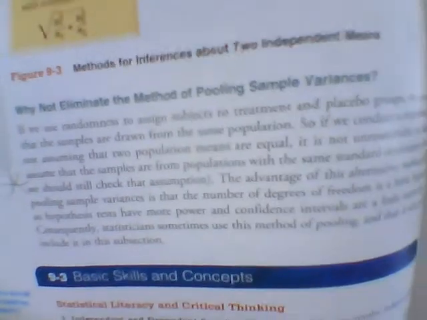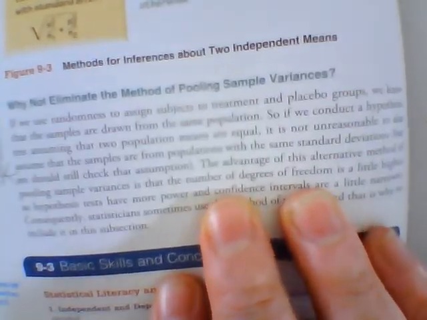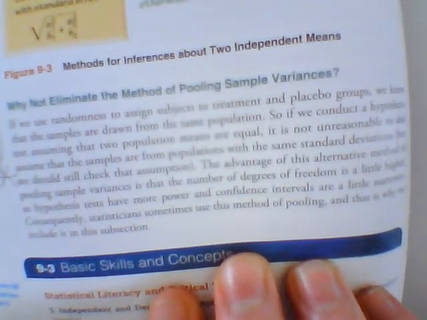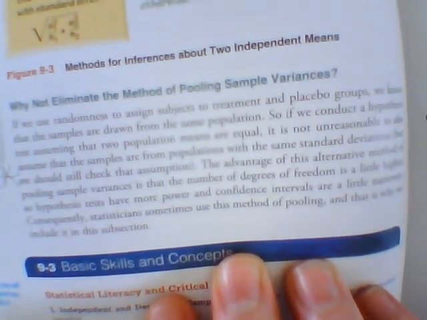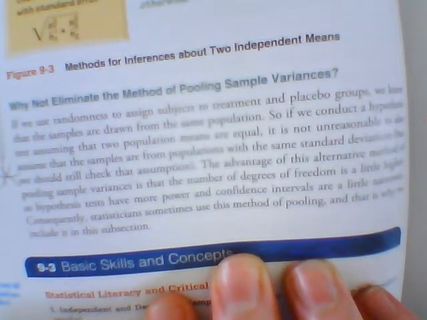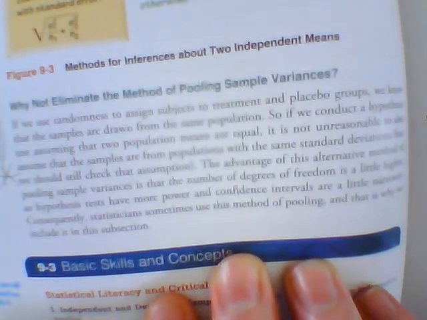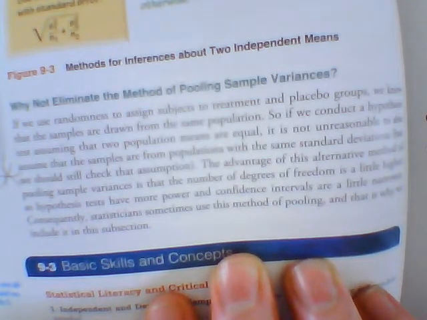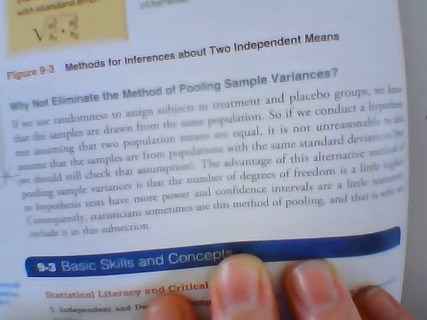Once again, I would tell you to make sure to read through this section right below here. Basically, it talks about that if we use randomization to assign subjects to treatment and placebo groups, we know that the samples are drawn from the same population. If we conduct a hypothesis test assuming that two population means are equal, it is not unreasonable to also assume that the samples are from a population with the same standard deviation.